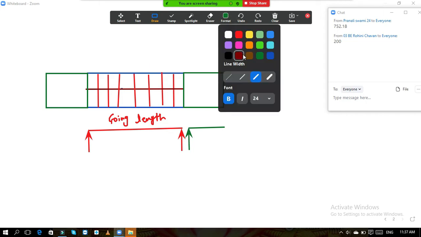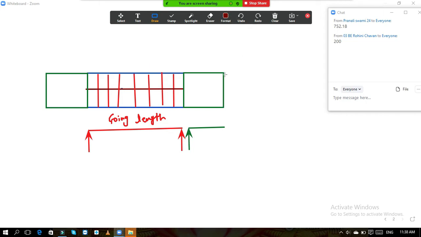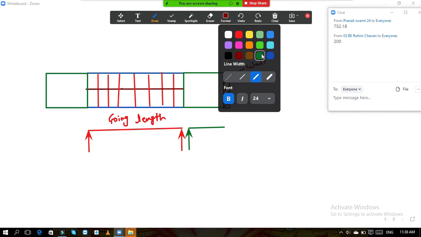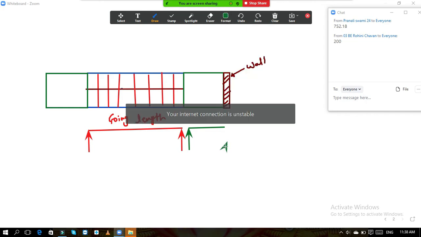Suppose it is supported on the wall over here, this is the wall, or a beam, whatever you want to say. So what is the direction of the support now? Now if you see, the support will be like this.